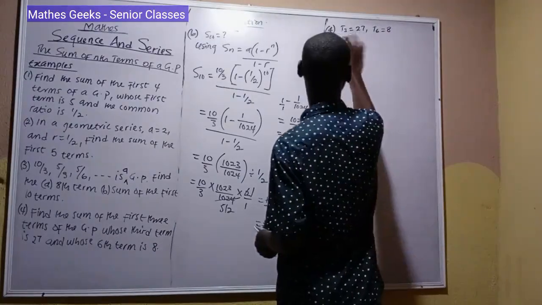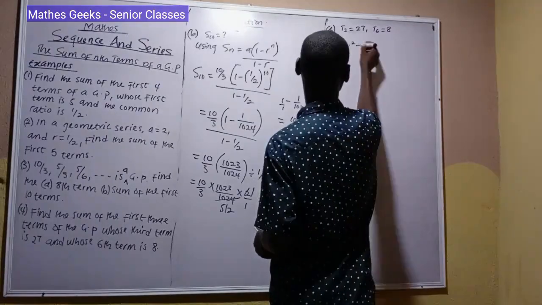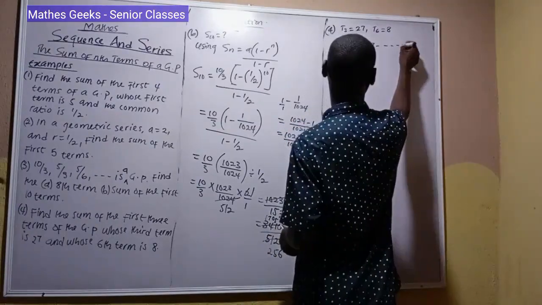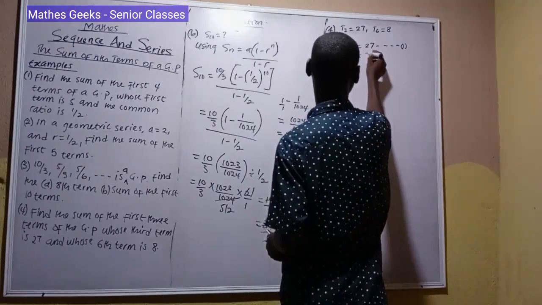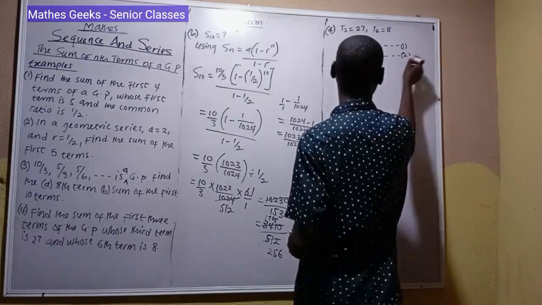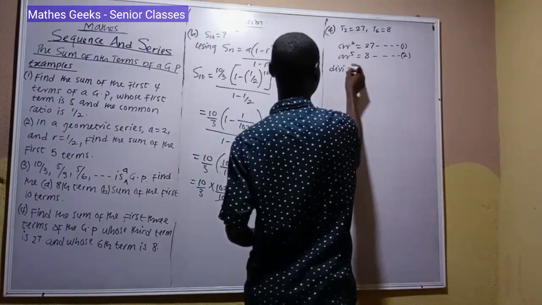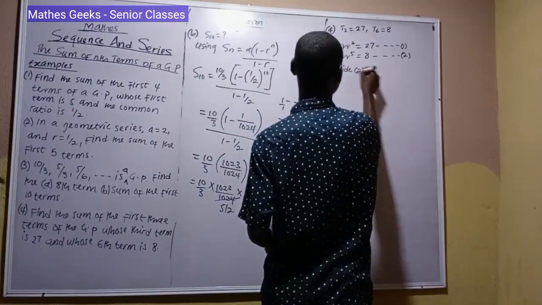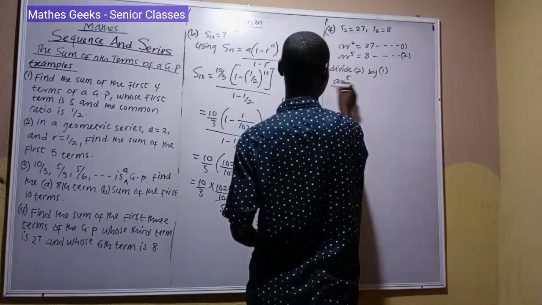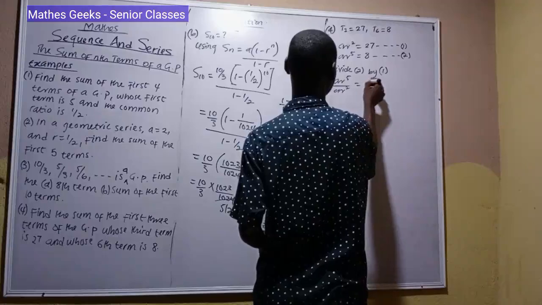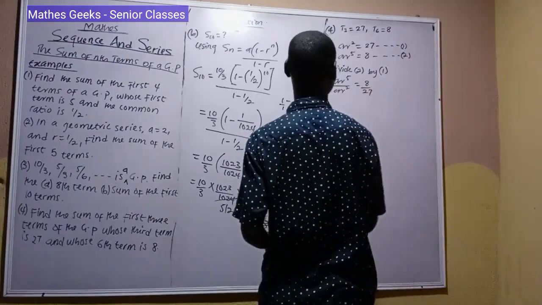Alright, so T3, which is AR raised to power 2, is equal to 27. That is equation 1. AR raised to power 5 is equal to 8. That is equation 2. So divide equation 2 by equation 1. AR^5 over AR^2 is equal to 8 over 27.